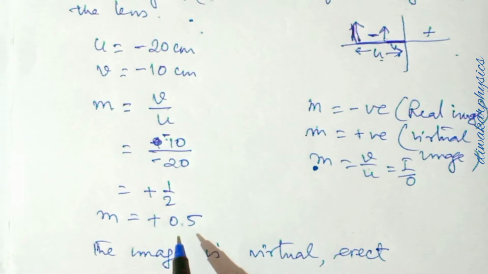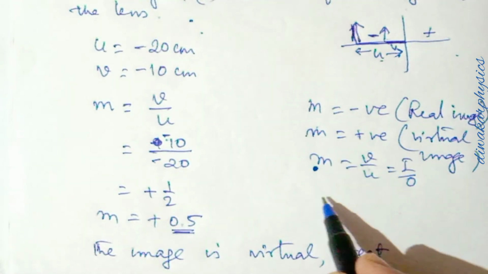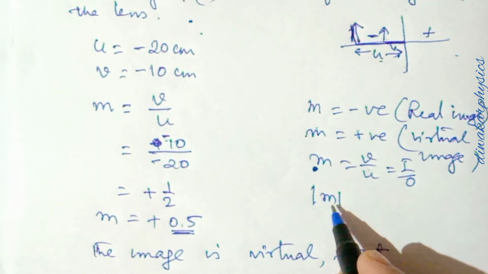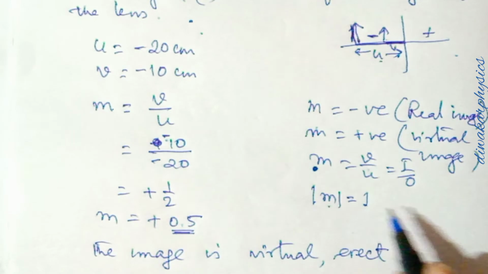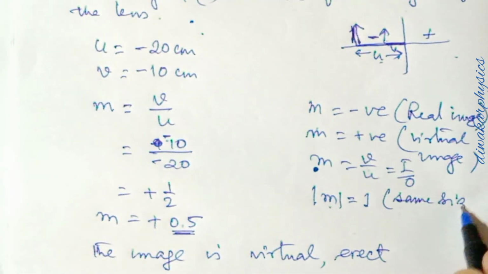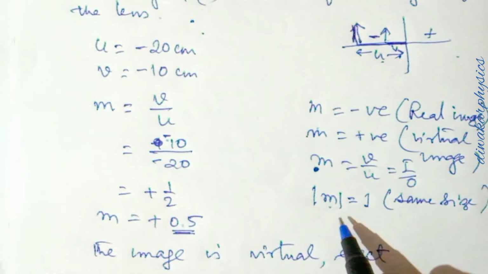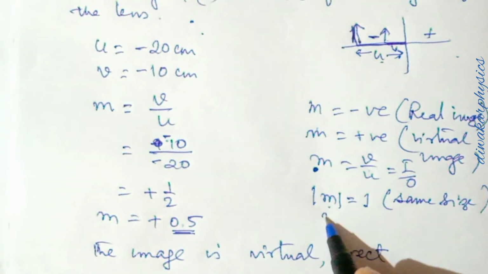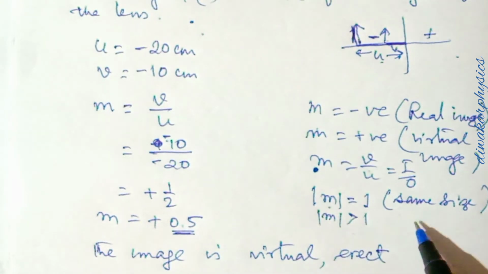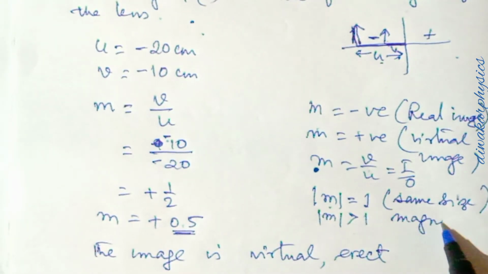And you see this value, okay? Only the magnitude part. So for your revision, if only the magnitude of m is equal to 1, then it is same size image. You can understand the size of the image also from m. If the magnitude is greater than 1, then it is magnified.